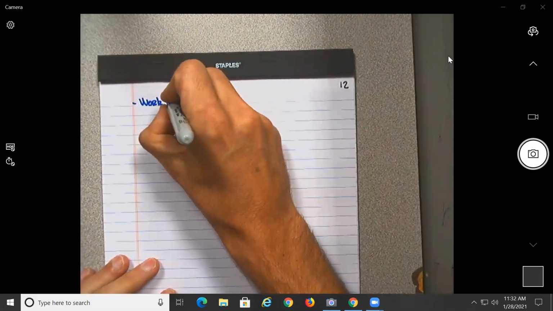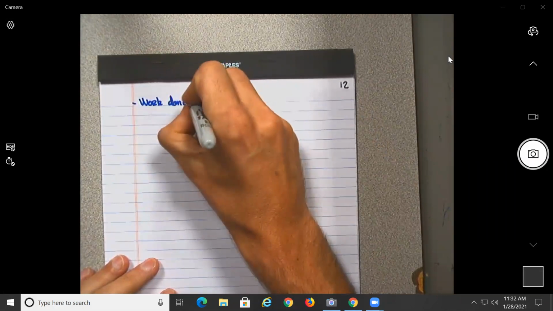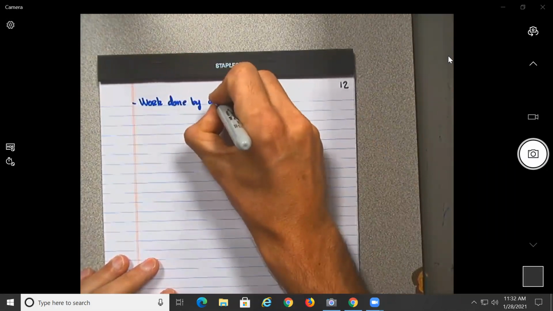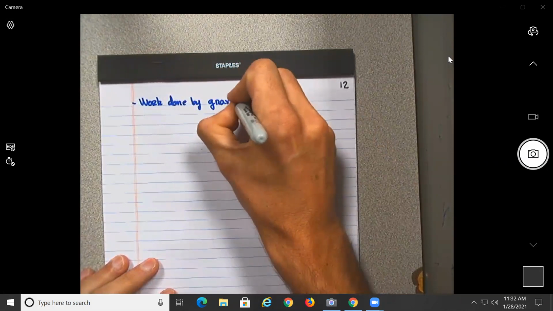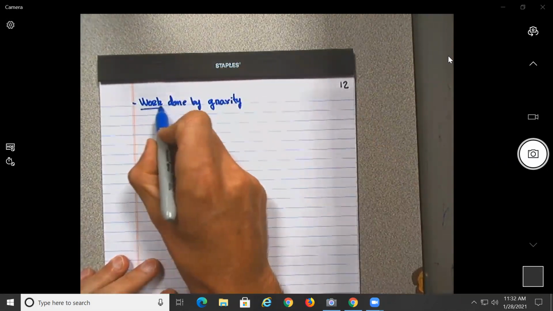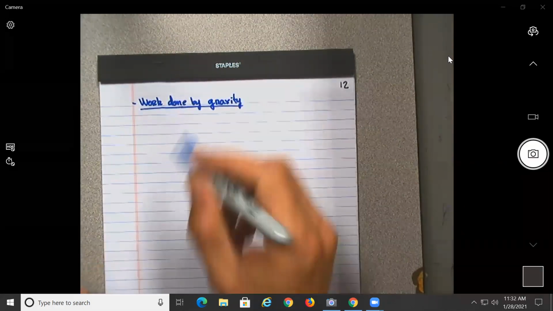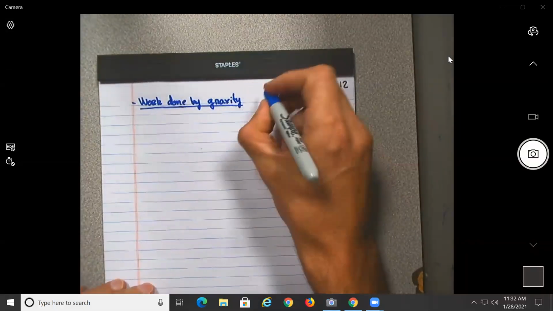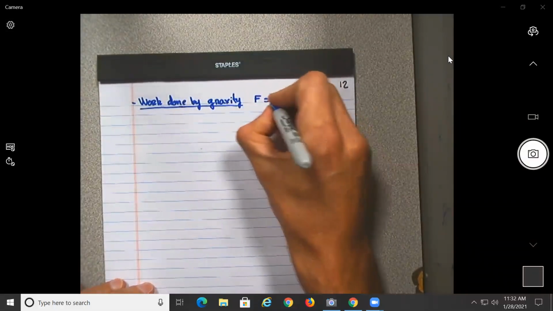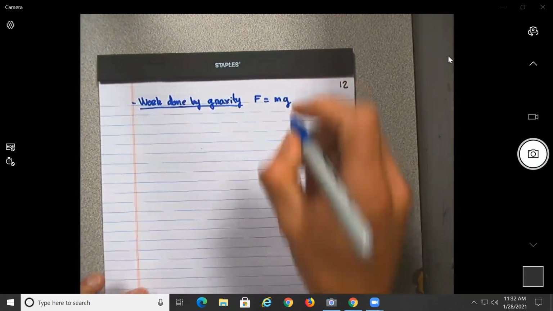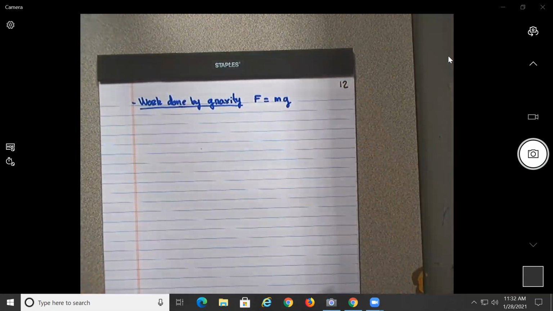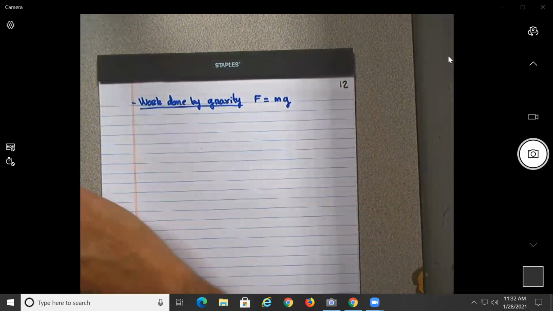So work done by gravity. So what is the expression for the gravitational force? Is mg, no? Okay.